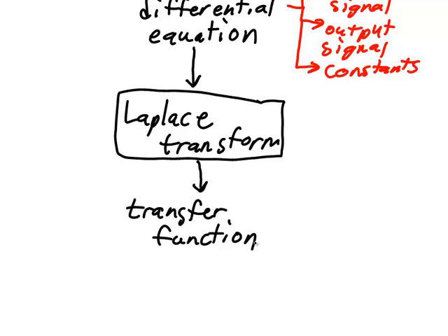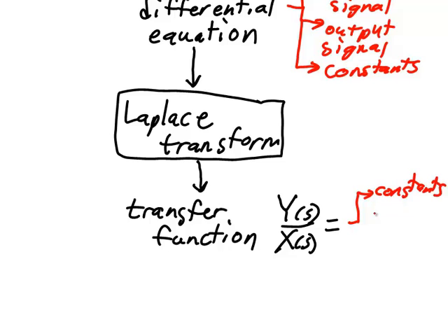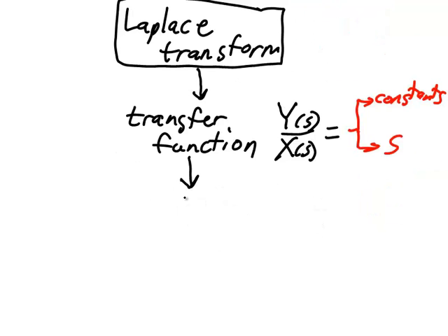And its format is the output as a function of s divided by the input as a function of s equals, on the right hand side we can have 2 kinds of things: constants and the variable s.